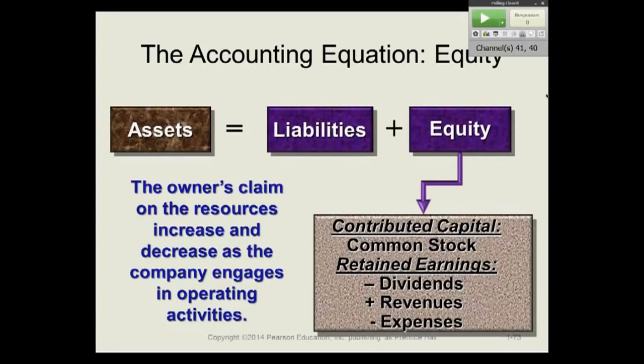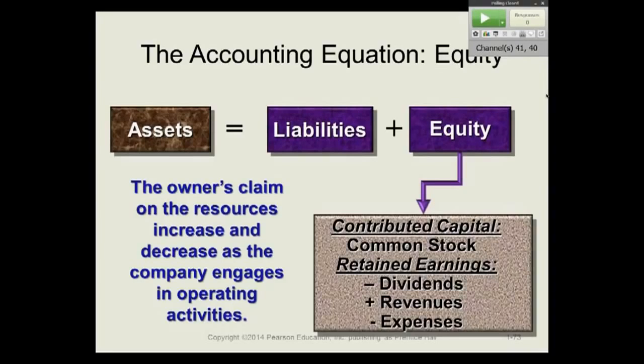Now, what's the difference between dividends and expenses? Well, go back to the doc cam for a second. There you go. When we look at retained earnings now, we're going to see that retained earnings will go up by revenue. It will go down by expenses.